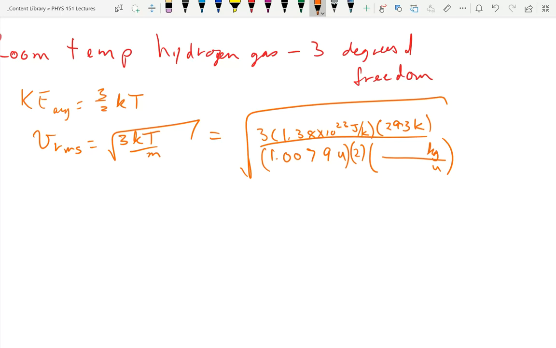What's the conversion? I don't have it memorized. Somebody want to look real quickly at the conversion between atomic mass units and kilograms?